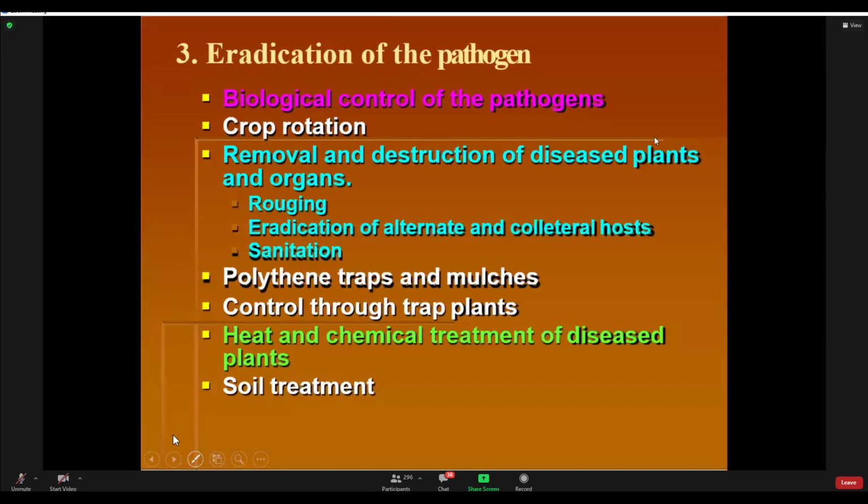Please tell me your name. During import of any seed from another country, what is the standard? Like certified seed is 0.5%, but during import of any seed from other countries, what is the maximum value in that case?